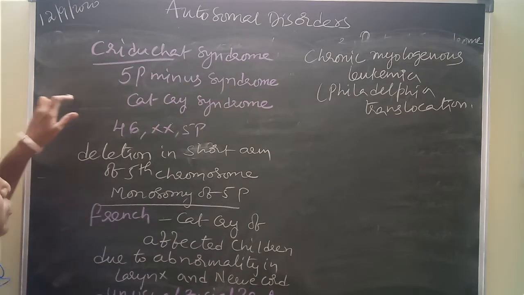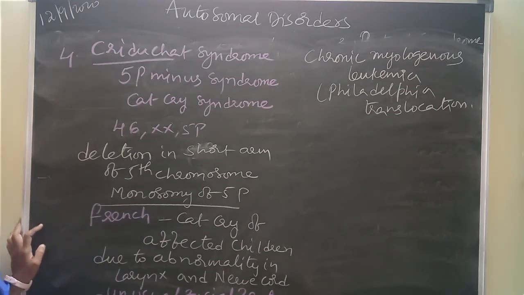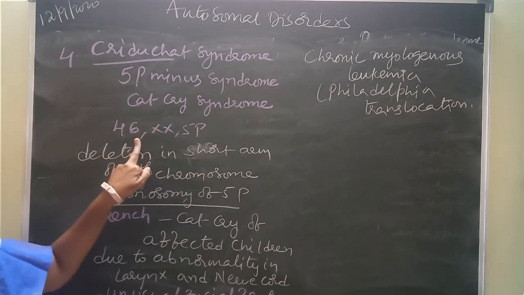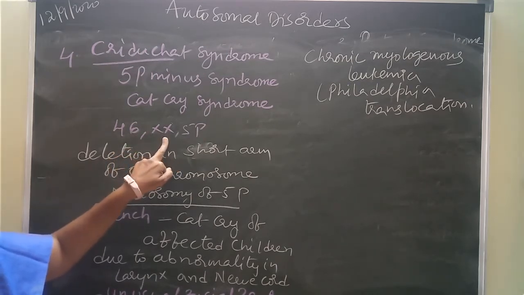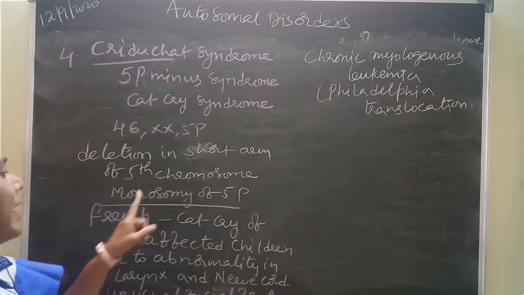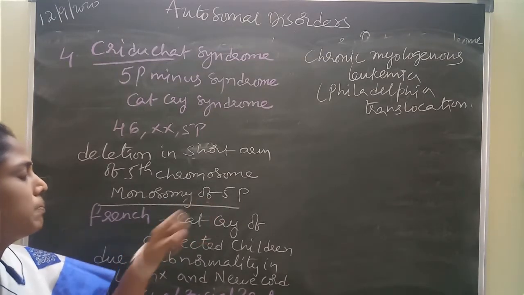Okay, so the fourth one is Cri-du-Chat syndrome. It is also called 5p minus syndrome or cat cry syndrome. The karyotype is 46, XX, 5p, and it is due to partial deletion in the short arm of the 5th chromosome. Hence it is called monosomy of 5p.